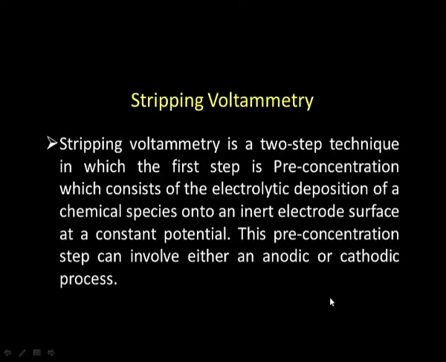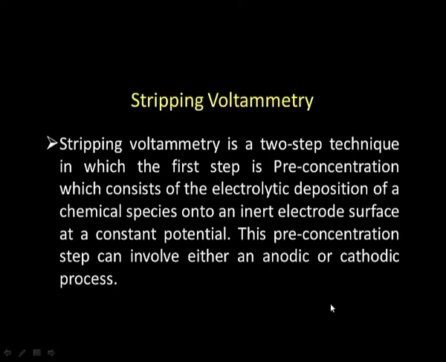In stripping voltammetry, it is a two-step technique in which the first step is pre-concentration, which consists of the electrolytic deposition of a chemical species onto an inert electrode surface at a constant potential.